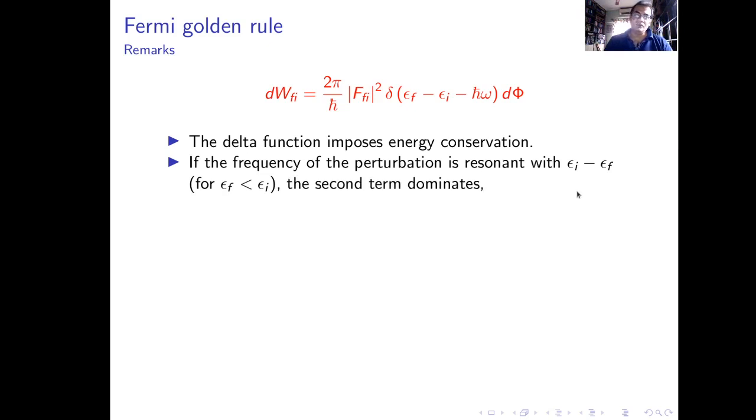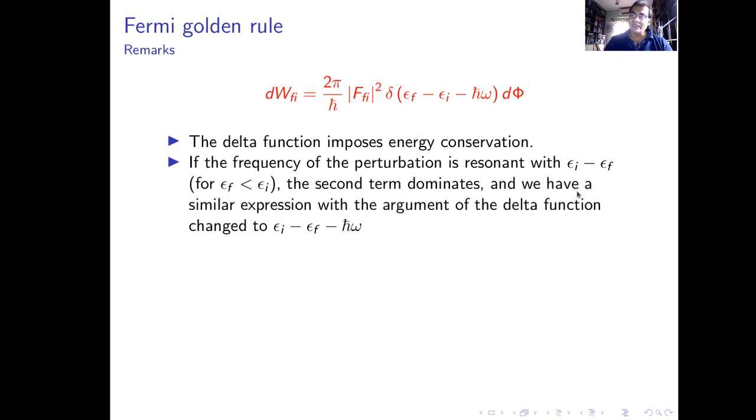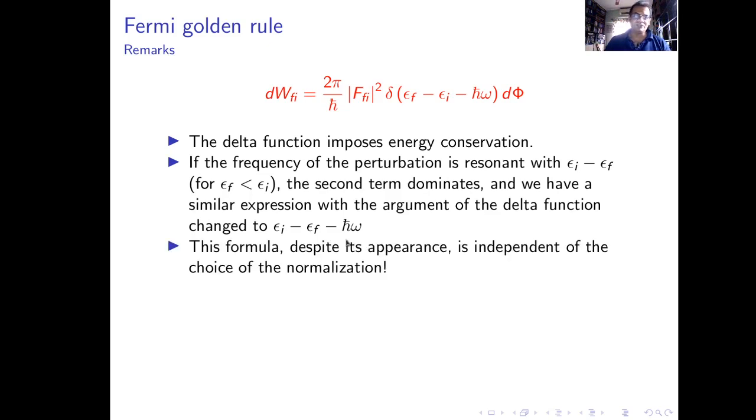And if you use that, the second term dominates, and we have a very similar expression in the end. You should try working it out yourself. You will see that almost everything stays the same, except that instead of the energy conserving delta function having an argument ε_f minus ε_i minus ħω, the argument here will be ε_i minus ε_f minus ħω. So that's a very small minor change here.